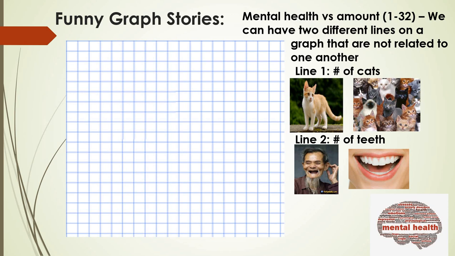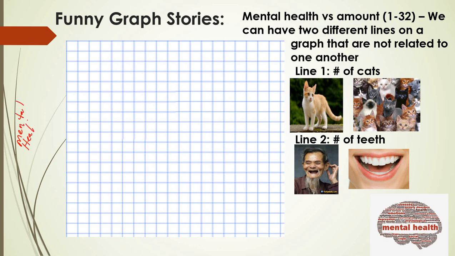So mental health versus the amount, 1 to 32, we have of teeth. So we have 2 different lines on a graph that are not related to each other. So mental health versus teeth and mental health versus number of cats. Okay, so we're going to have 2 different lines on there. So we can put mental health on this side maybe.